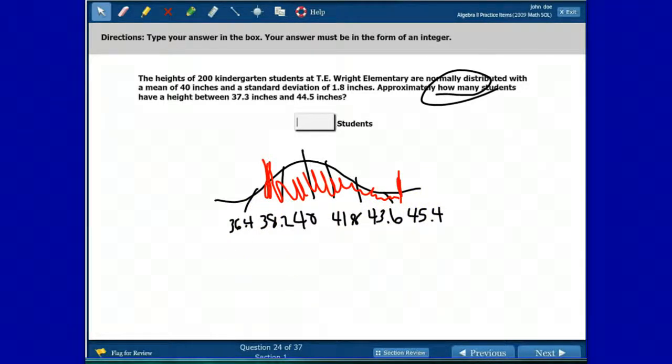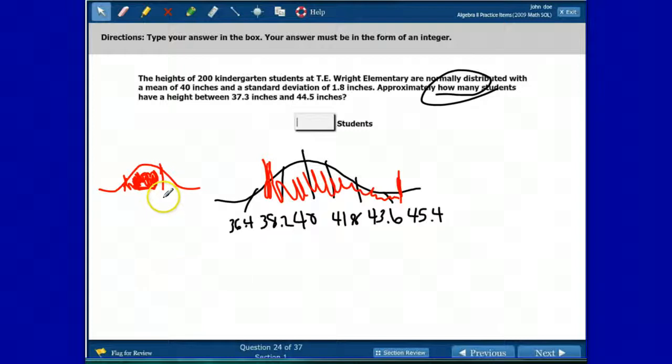Alright, so what am I going to do? Well, I'm going to figure out a couple of z-scores. Basically, you're looking at two pieces, and you're trying to figure out all of this area in here. The idea is that you're looking for this area in here.